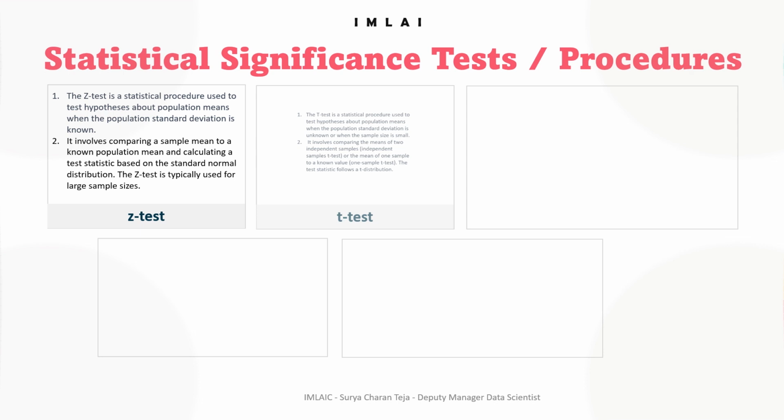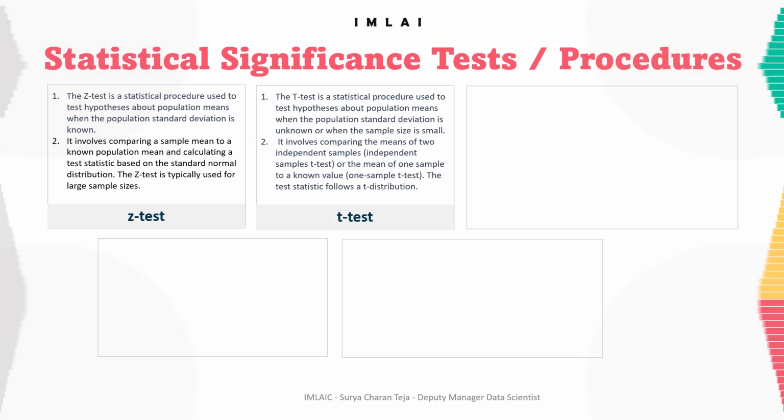Then we have a T test. T test is a statistical significance test used to test hypotheses about population means when the population standard deviation is unknown or when the sample size is small.